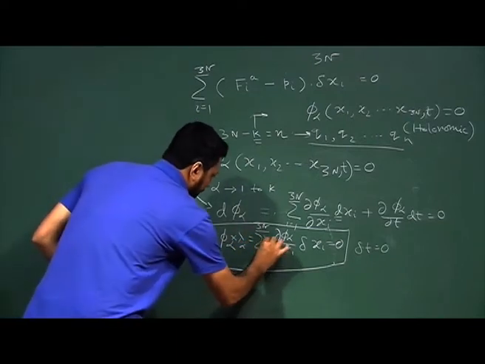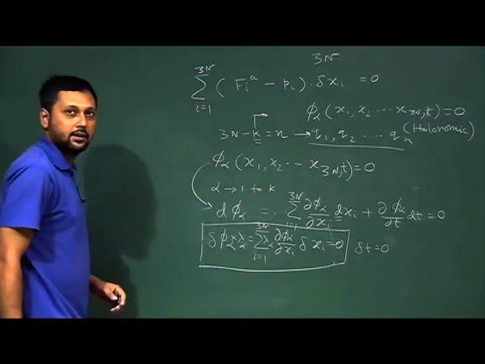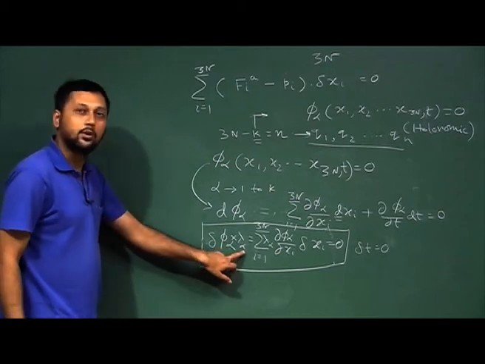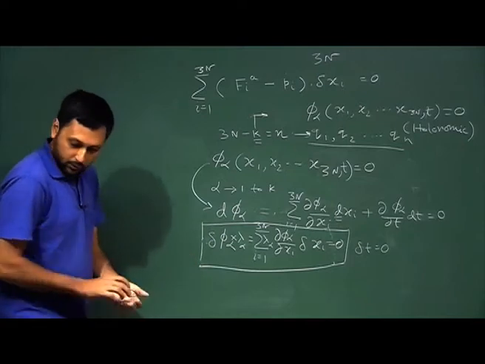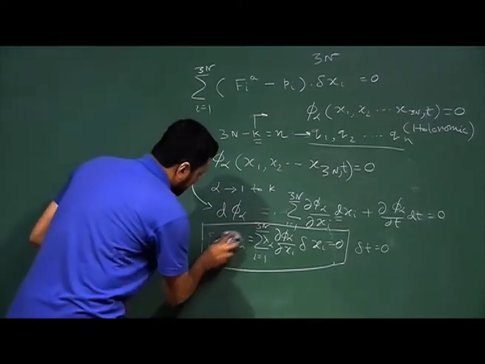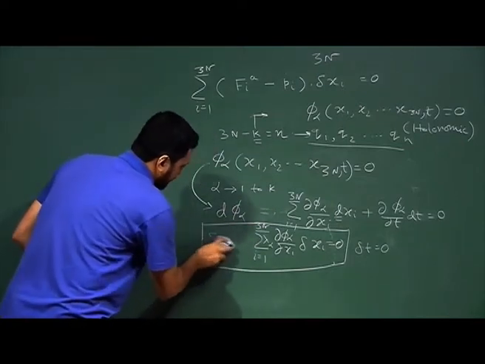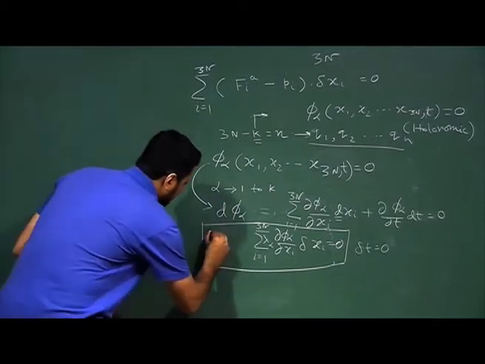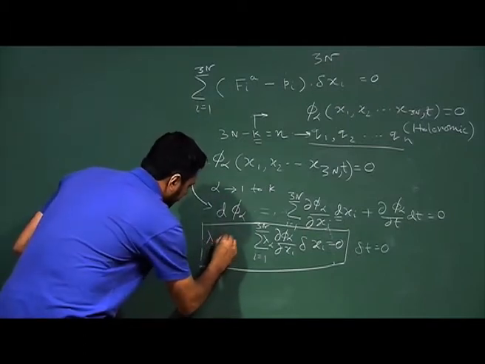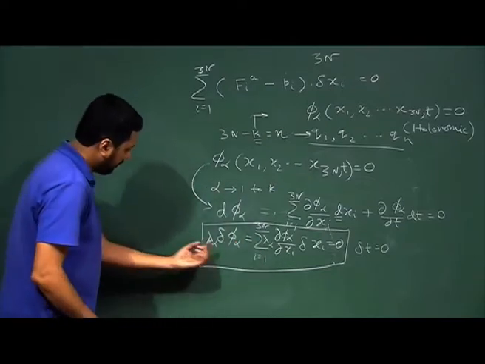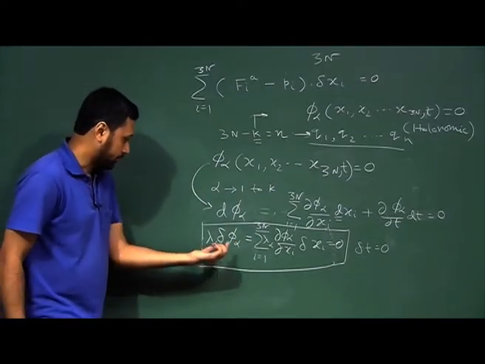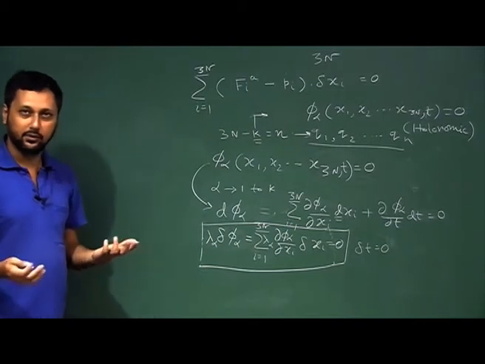This is some arbitrary constant, and this will once again be equal to 0. So we are simply writing this as lambda alpha delta phi alpha, which is also equal to 0, because multiplying anything with 0 is 0.